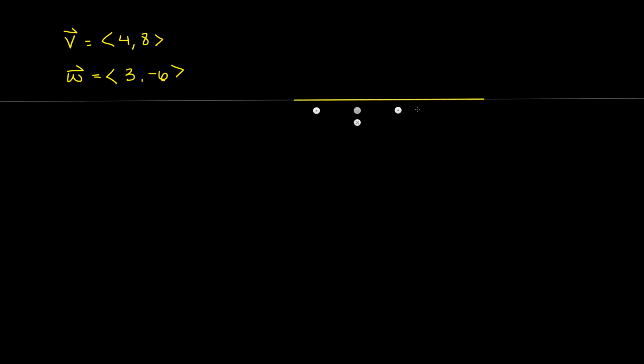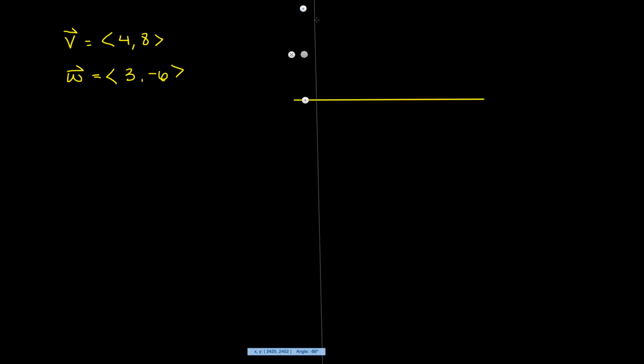This is my x, y, and this one right here is, we're looking 4 and 8. So if I start with the origin, 1, 2, 3, 4, 1, 2, 3, 4, 5, 6, 7, 8. 1, 2, 3, 4, 5, 6. So 4 and 8 is here.